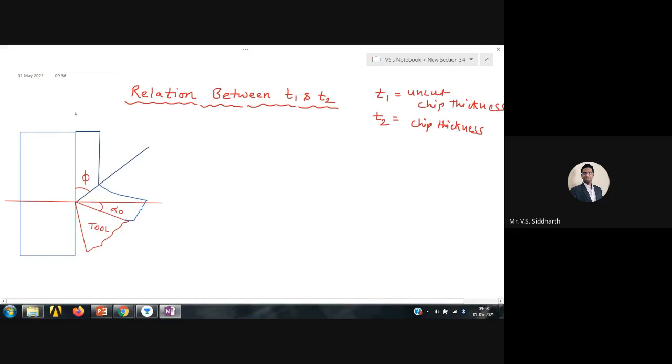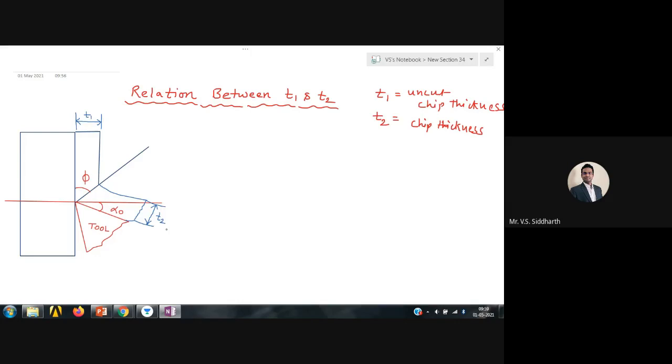This is T1 and this is T2. And I want to have a relationship between T1 and T2. This is what we wanted to have here.